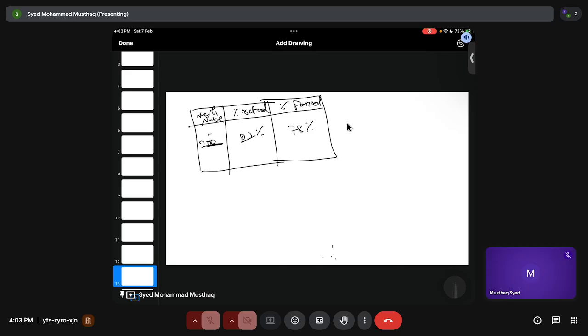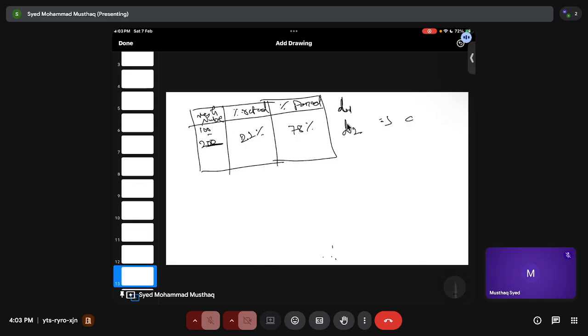In this range, let's say above you have 100 mesh size, then it has a certain aperture size. Let's say this has an aperture size of D2, and that has an aperture size of D1.